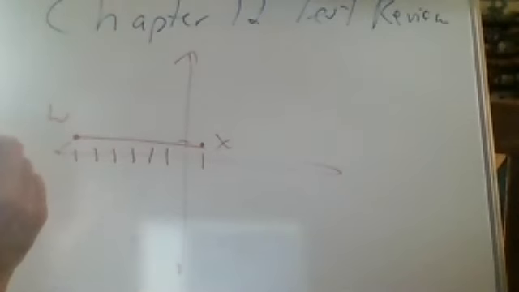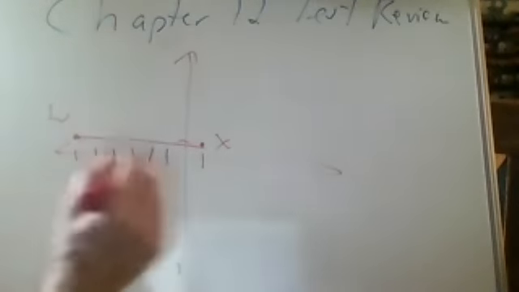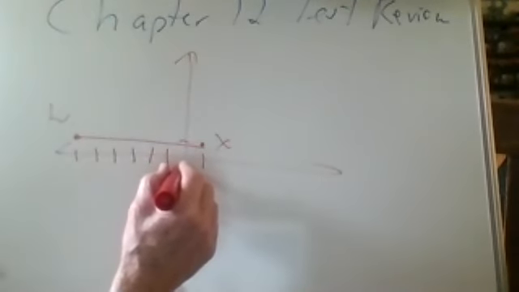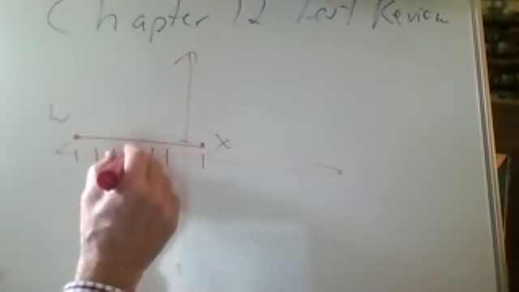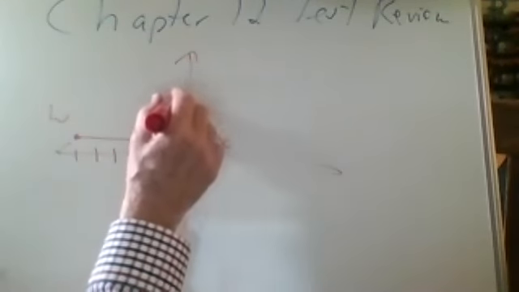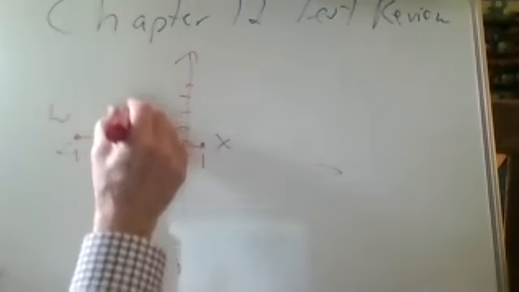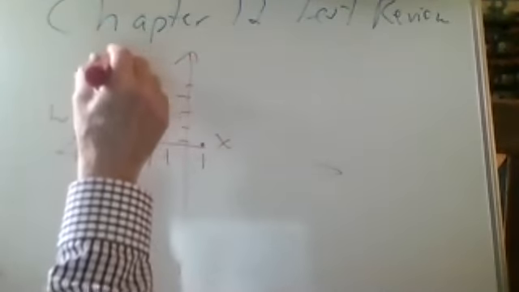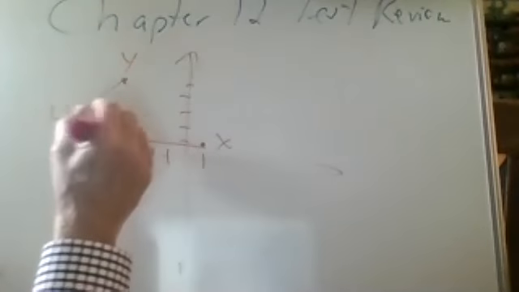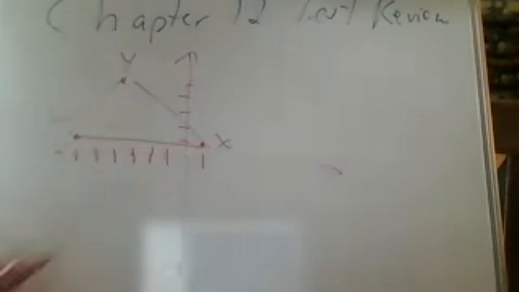Okay, that makes it easier. And then Y is -3, 1, 2, 3, and 1, 2, 3, 4. Okay, so it's up here. All right, so determine which is not an altitude, not an equation of a line containing a median.